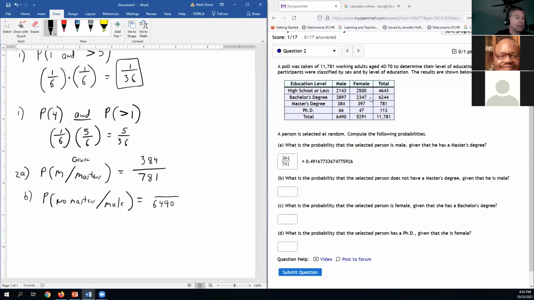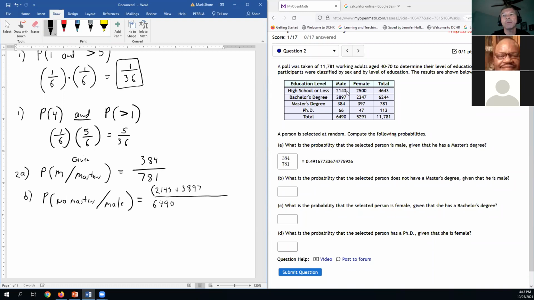So I'll just add those up here on the top. So of these males, how many don't have a master's degree? Well, these 2,143 don't, because they only have either a high school degree or less. Same way with these 3,897, because they have a bachelor's degree.